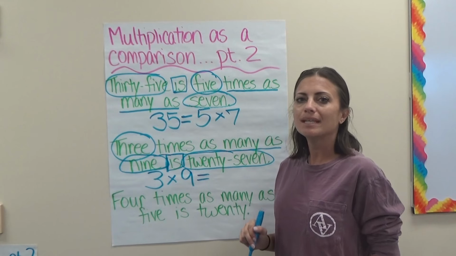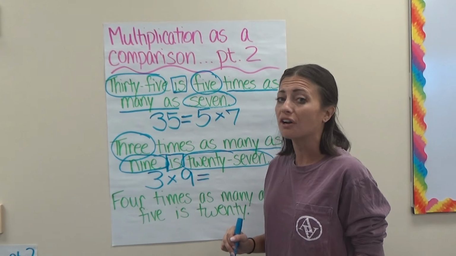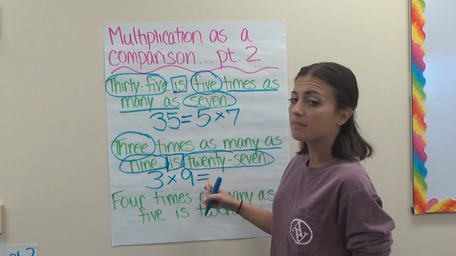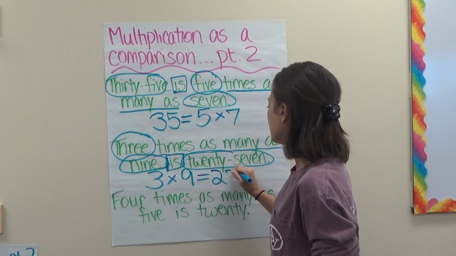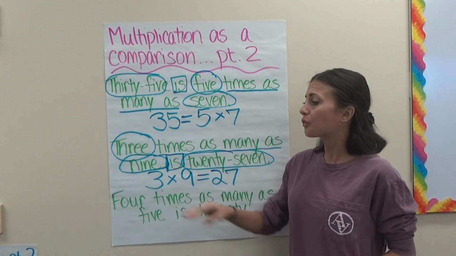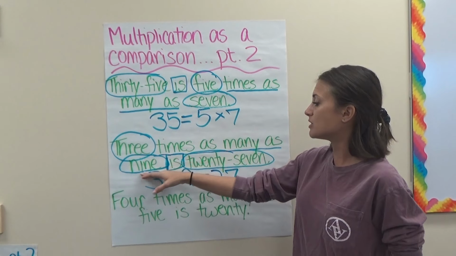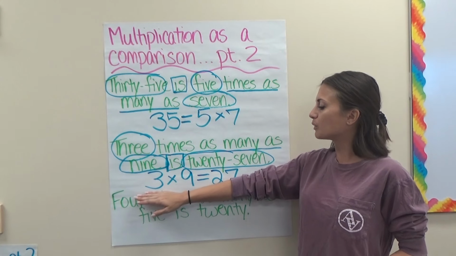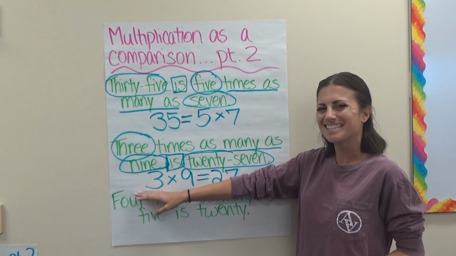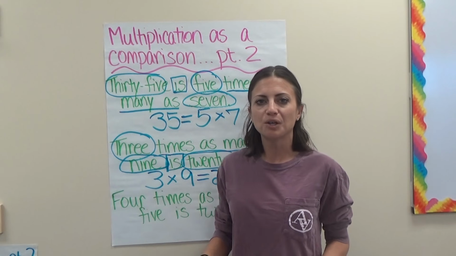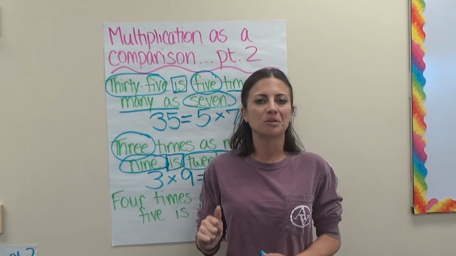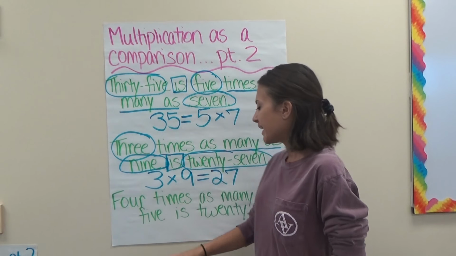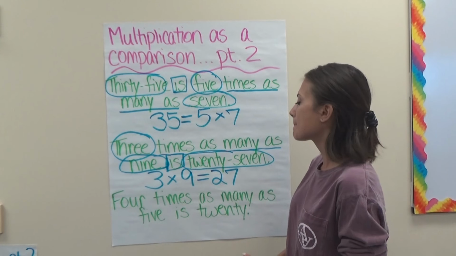So that means that's going to be my product. So I'm going to put that after my equals sign, 27. So 3 times as many as 9 is 27 is shown in an equation as 3 times 9 equals 27. Hopefully that's clicking a little bit. If not, again, go back, rewind, watch it one more time, and let's do one more example.